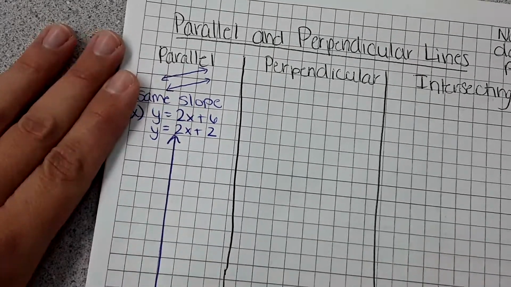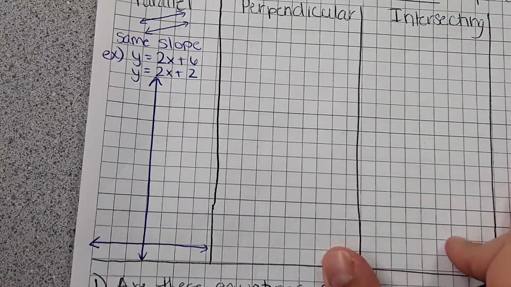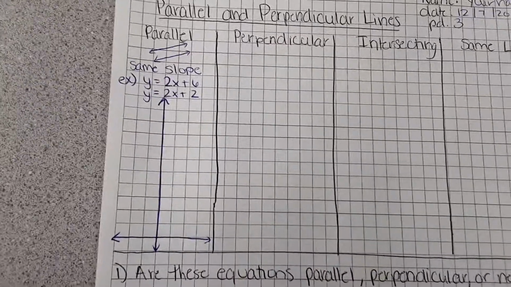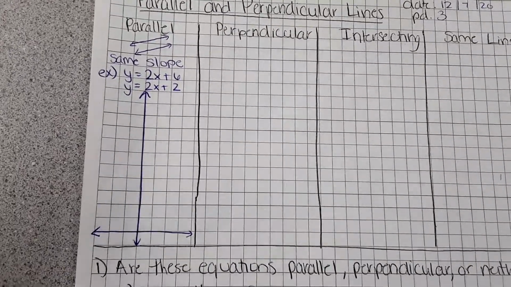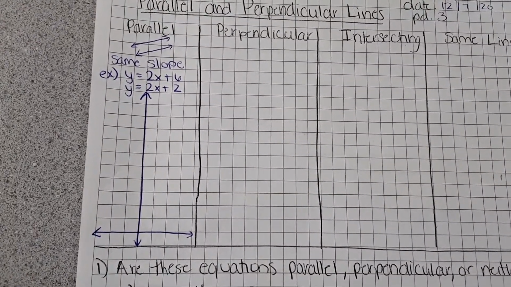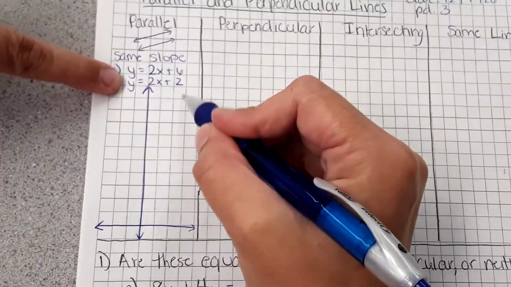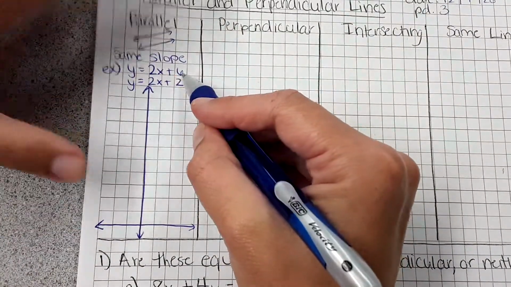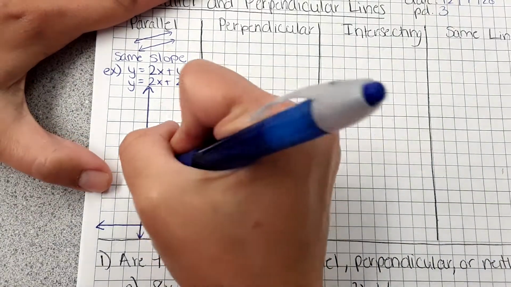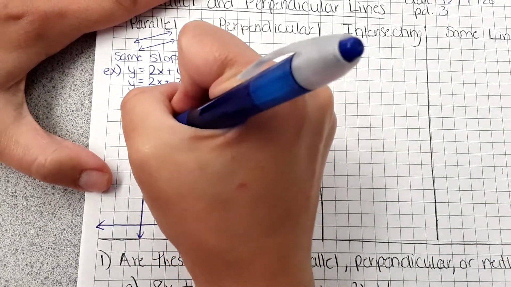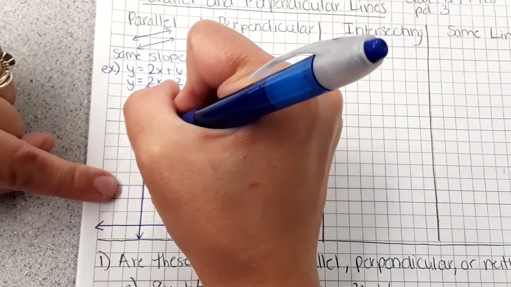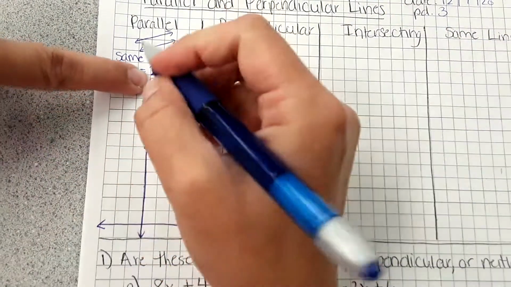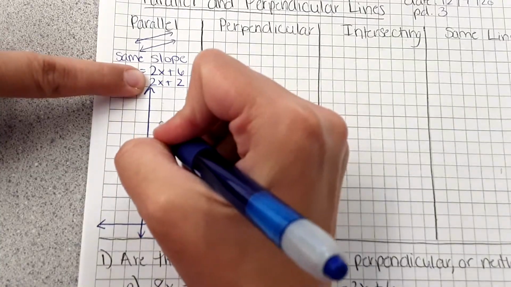So just draw a coordinate plane. Oh, there's what I drew. Okay, and now I'm going to graph these two equations on the coordinate plane. So for the first equation, the y-intercept is 6, so I'll put a point at 6 on the y-axis. 2, 3, 4. So there's my point there. The first equation, the slope is 2, so that means we go up 2 over 1.